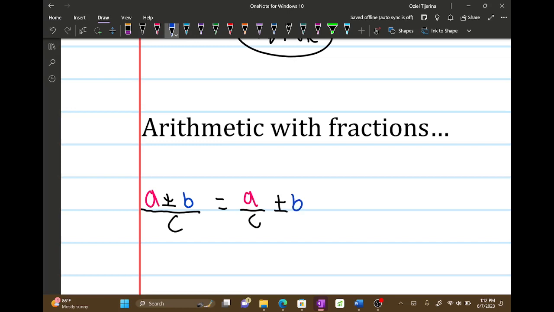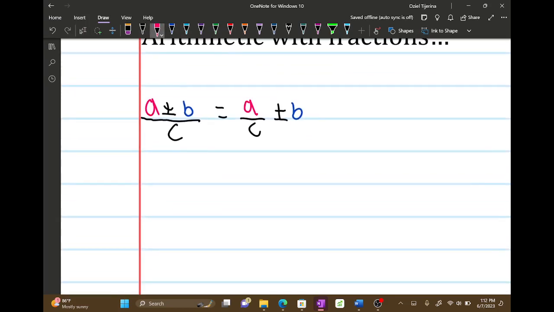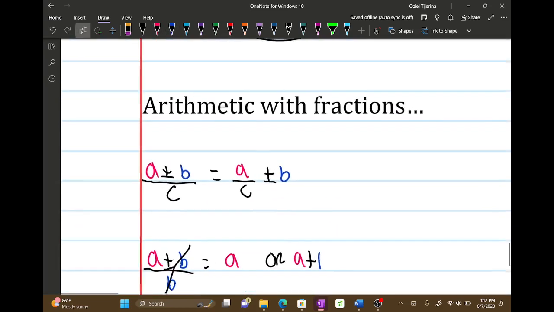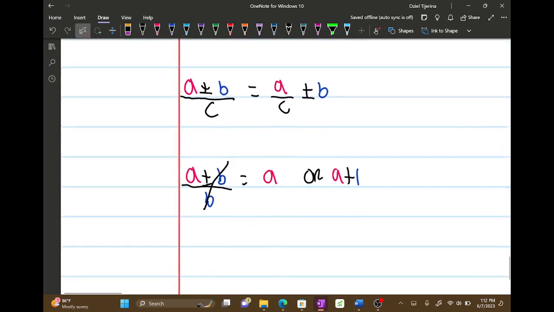Another one is that they think that a plus or minus b over b cancels out and that this is just considered a, or either a or a plus 1, because the b becomes a 1. No, guys. No. We have to be careful with this, and I cannot stress that enough.